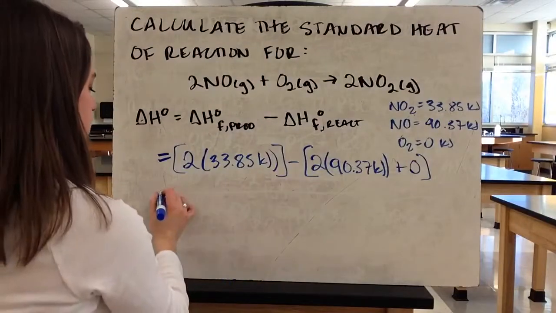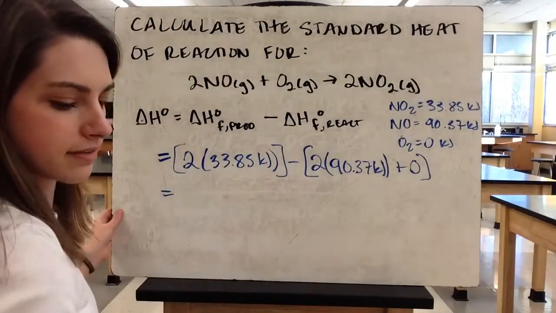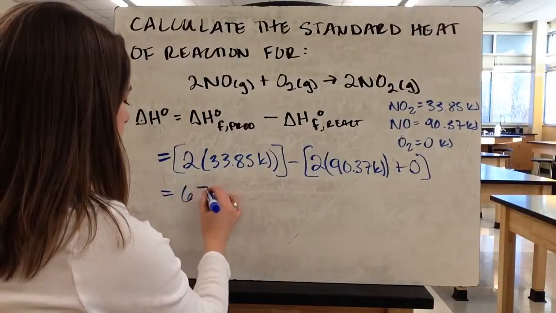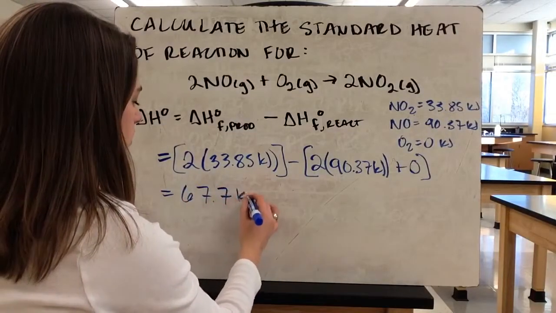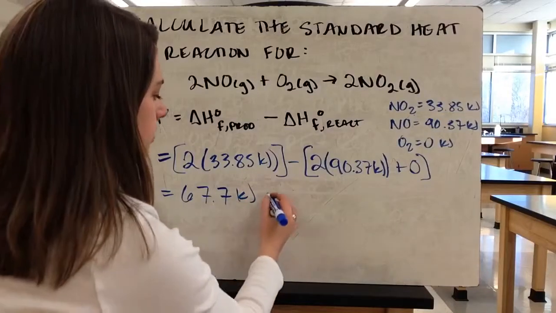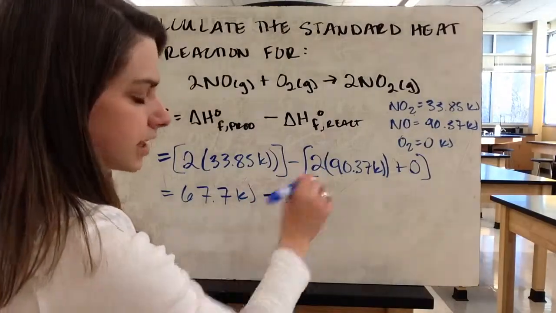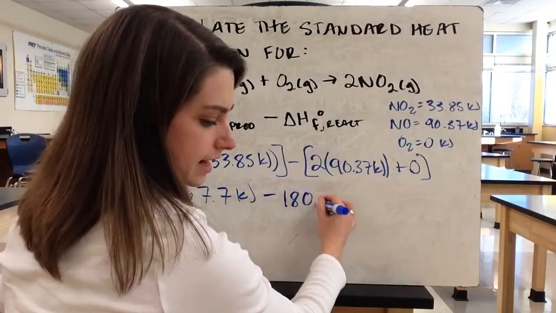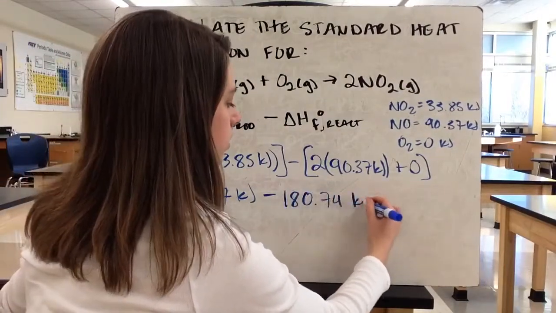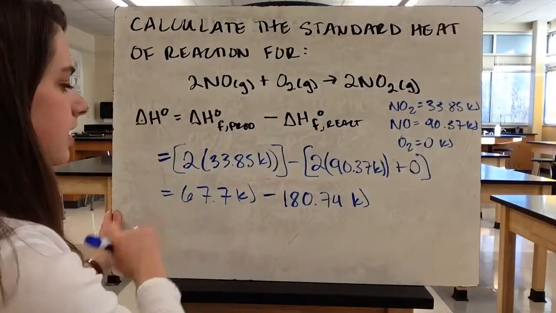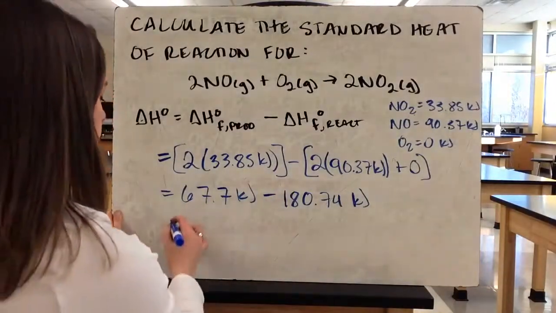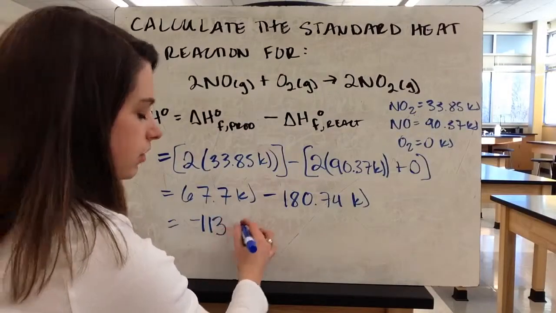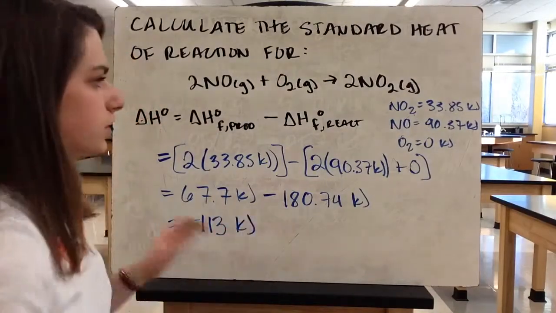Now if I crunch the numbers, 2 times 33.85 gets me 67.7 kilojoules of energy, and then subtract off my reactants. 2 times 90.37 gets me 180.74 kilojoules of energy. 67.7 minus 180.74 gets me an overall delta H of negative 113 kilojoules of energy.